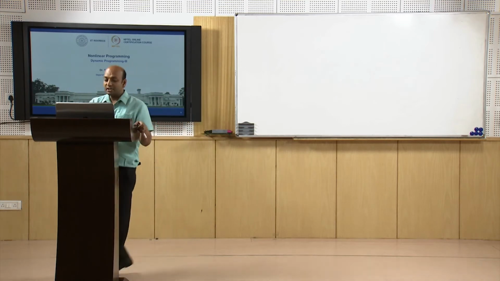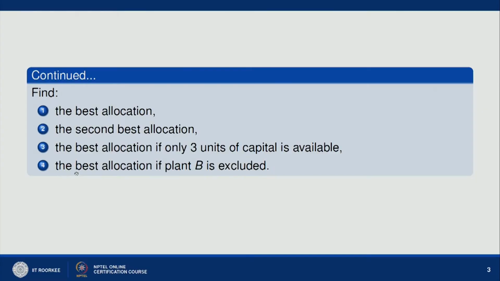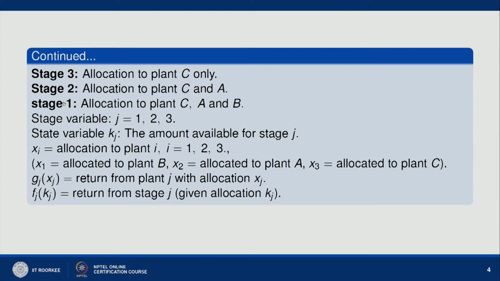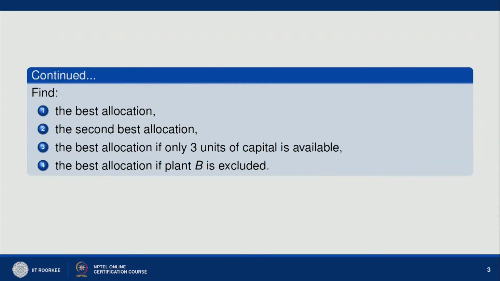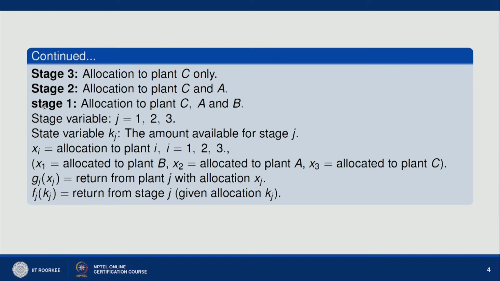Since the fourth part asks for the best allocation if plant B is excluded, we keep plant B in the last stage, stage 1, so that if plant B is excluded, we simply exclude stage 1. Stage 2 will then give the optimal solution. This is the only reason I keep plant B in stage 1.